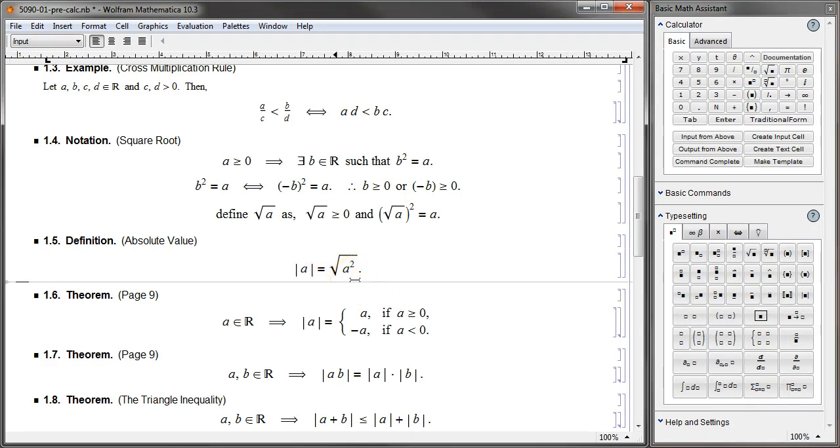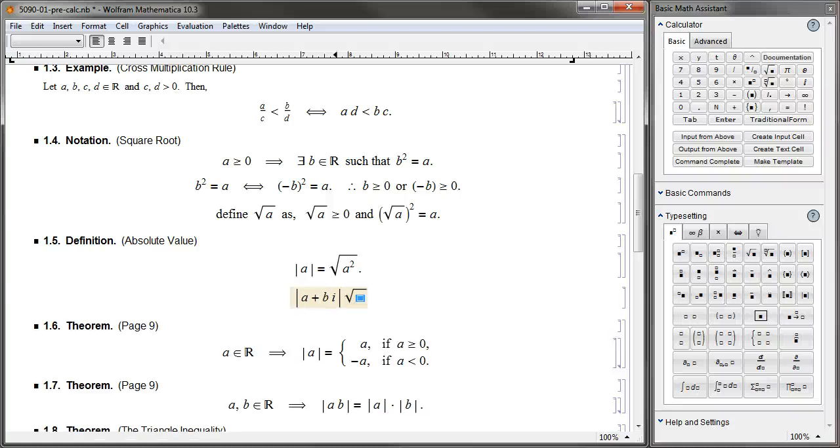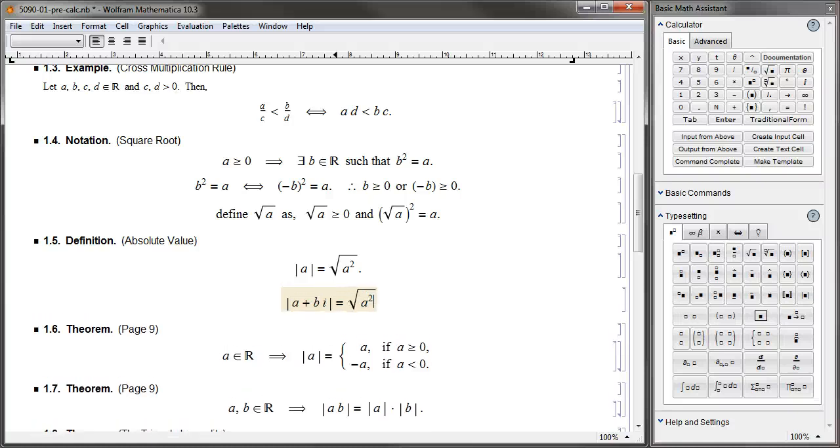But if I take a guess, it may be this: if you expand this idea to complex numbers, then we can define the absolute value of complex numbers like this. This is a standard definition of the absolute value of the complex number a plus bi. And what is a real number? Well, it's the special case when b is equal to 0, so that the imaginary part doesn't exist.